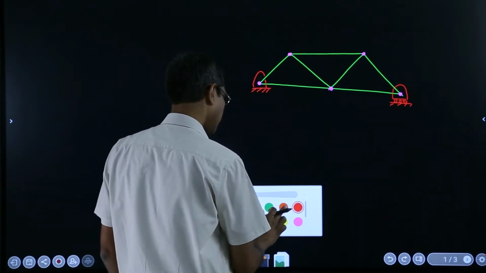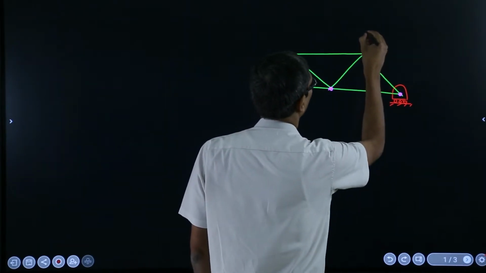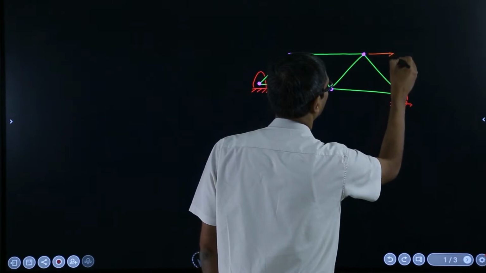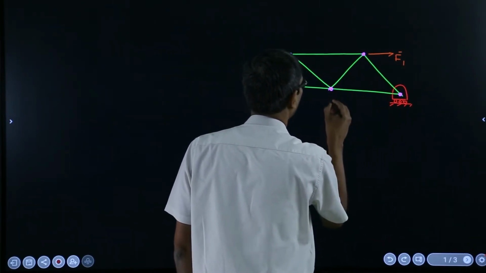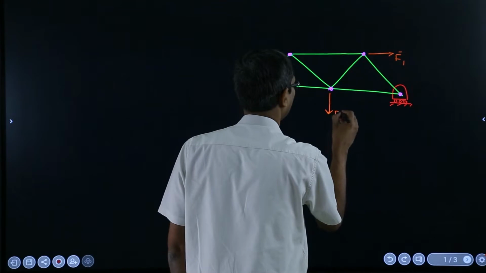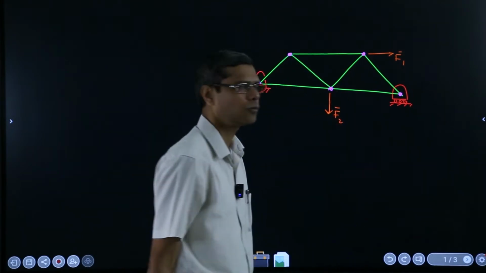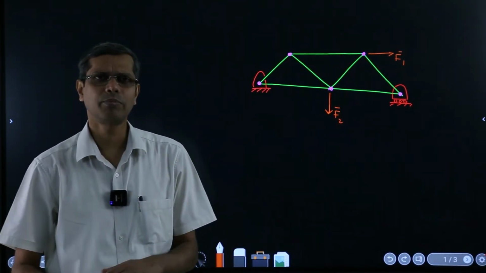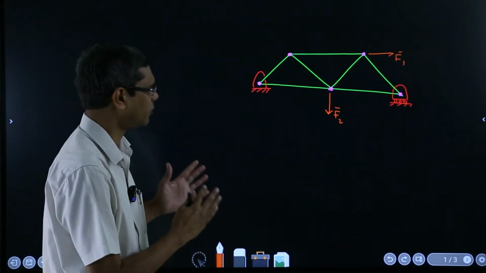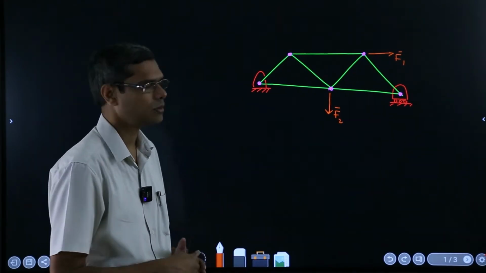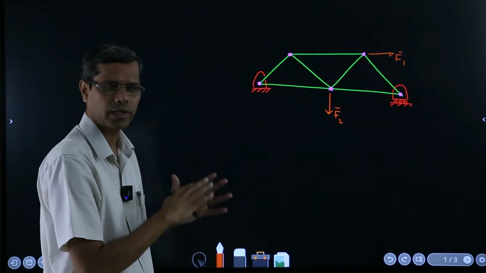And let's put some forces also. Say this is F1, and this one is F2. So these are two forces acting on a truss. This is a very simple truss, and for explanation purposes we have taken this so that things will be clear.